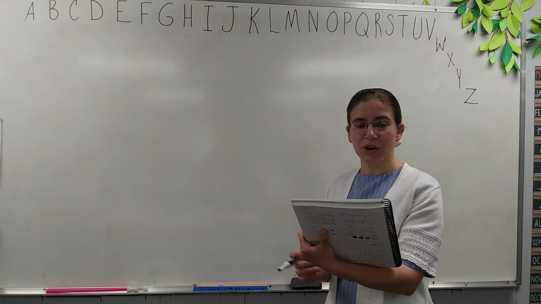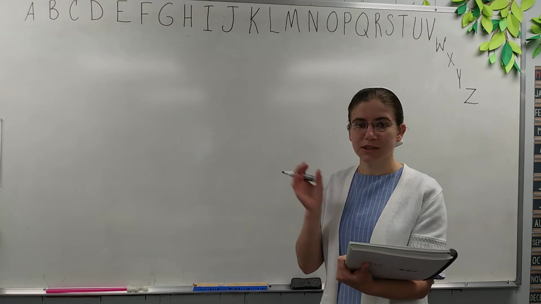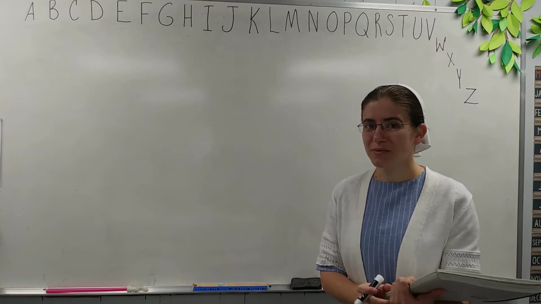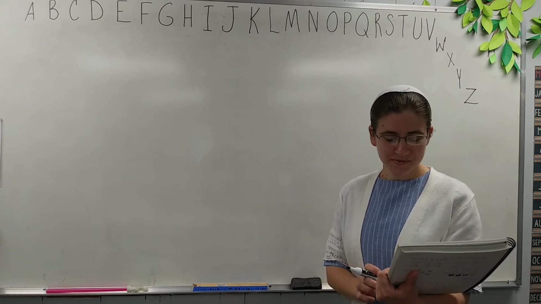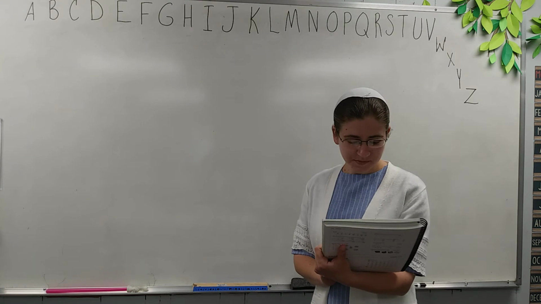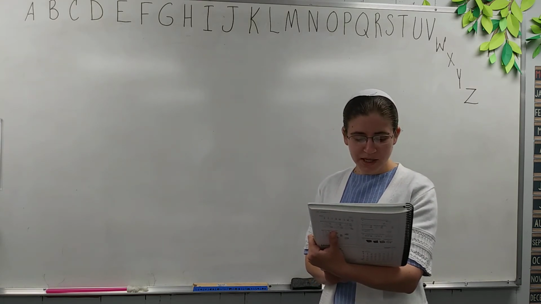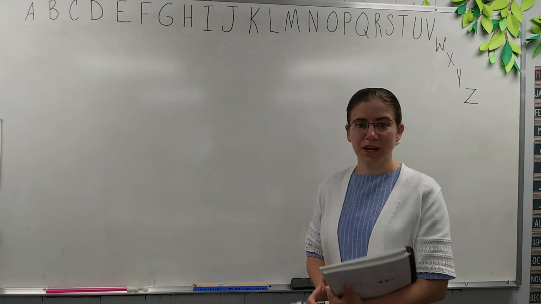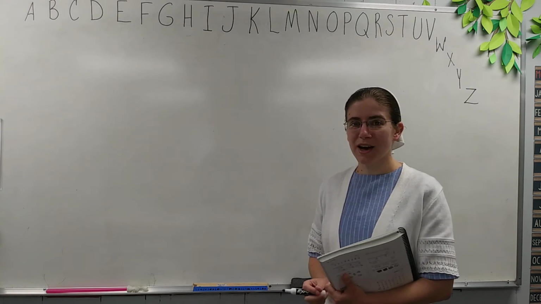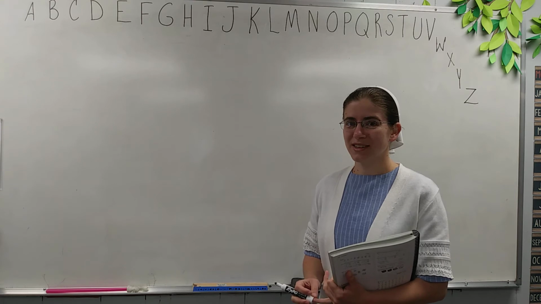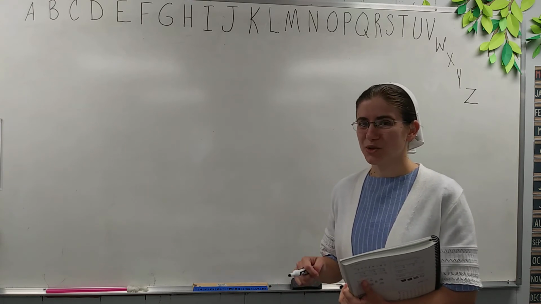So which number, okay, first let's think about the clue words. What are the clue words in this story problem? Look at the last sentence. Your clue words are often in the last sentence. How many baby chicks are there altogether? Should you add or subtract? You should add.